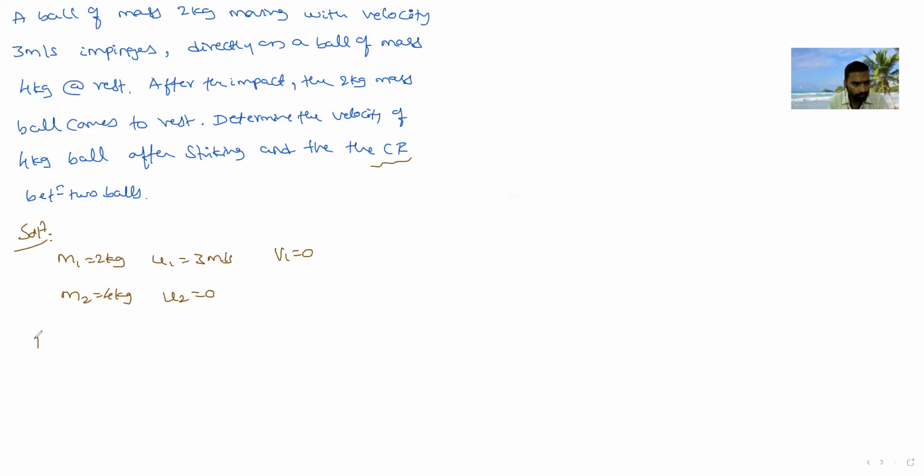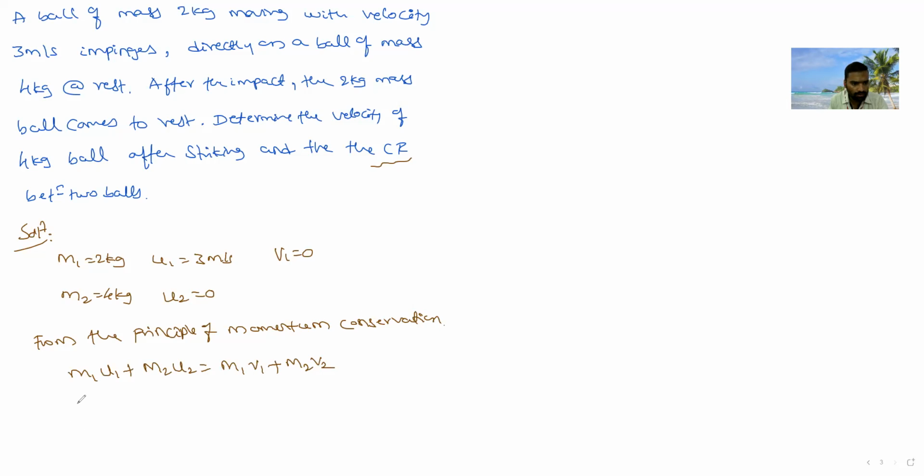From the principle of momentum conservation, I have not dictated the definition yet. The principle of momentum: M1 U1 plus M2 U2 is equal to M1 V1 plus M2 V2.